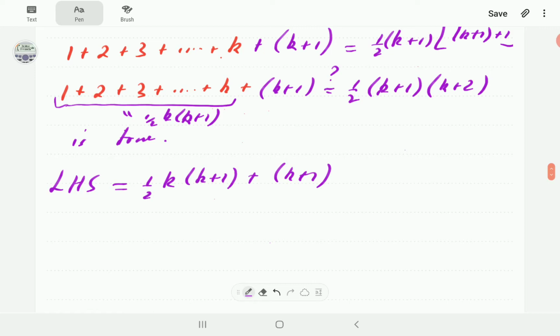Then at this point we're going to factorize. We have got k plus 1 in both terms, so this is going to be 1/2 (k plus 1).